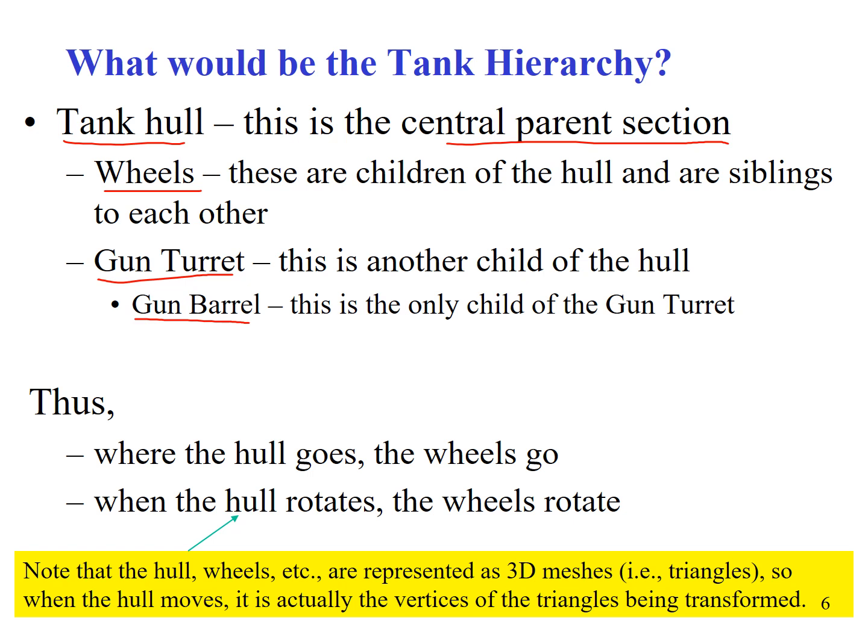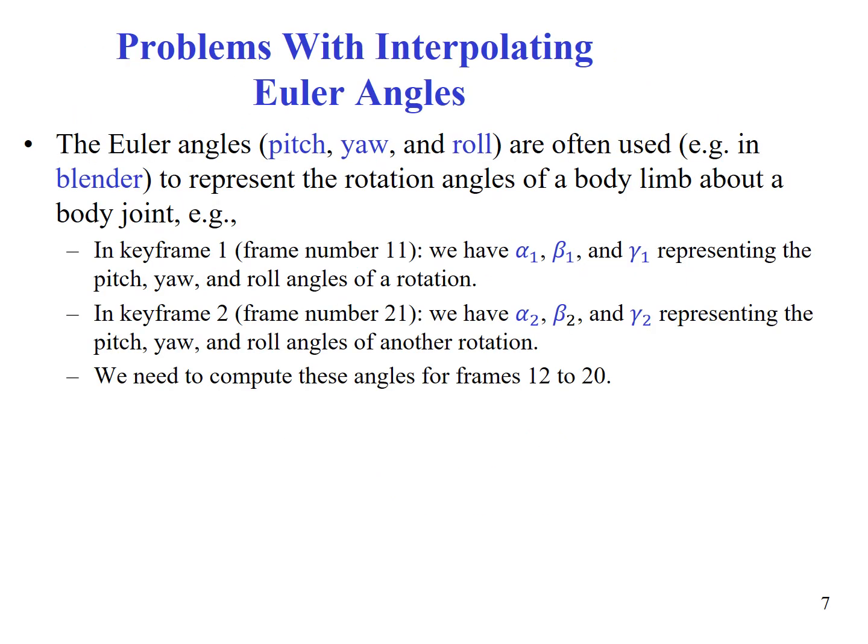Thus, where the hull goes, the wheels also go, and the turret and barrel must also go. When the hull rotates, the wheels rotate, and all other children that are connected to the hull must also rotate. But when the gun turret rotates, only the barrel rotates with it. So animation must take into account the hierarchy of the object.